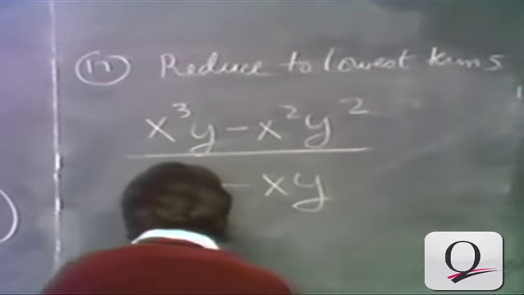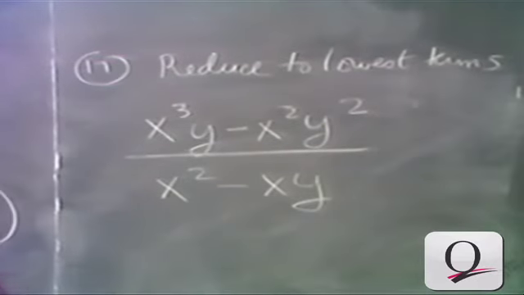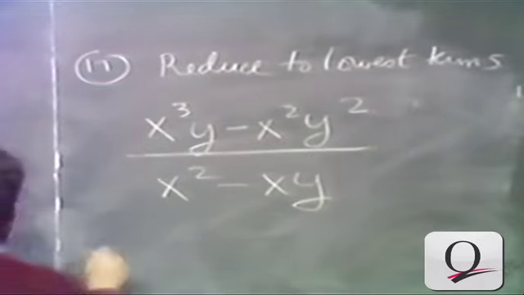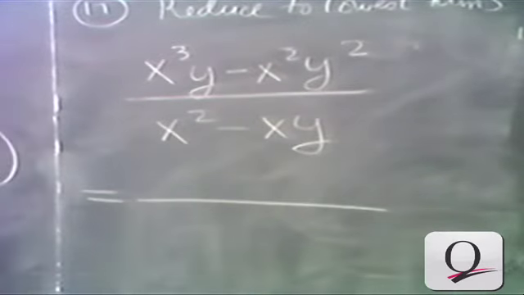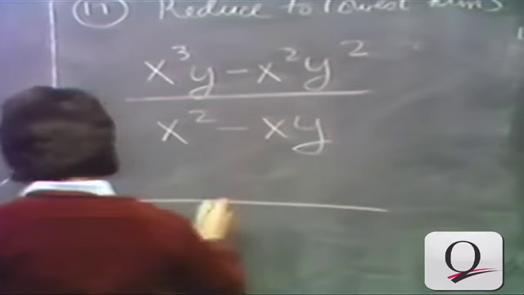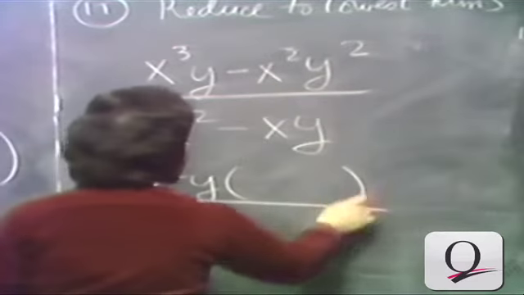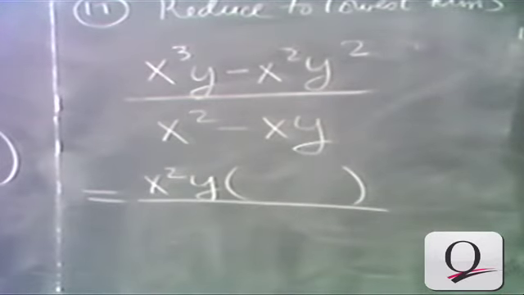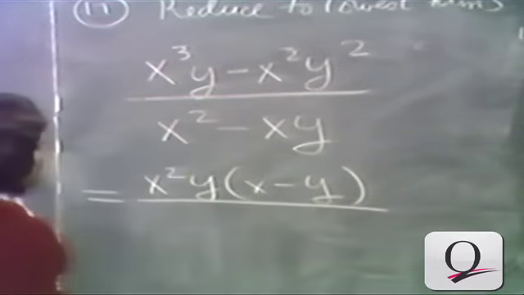So we would like to factor completely the top and the bottom, and then look to see if we can cancel any factors, and doing that, reduce this to the lowest terms. So let's work with the numerator and denominator separately. In the numerator, common factors: from the x cubed and the x squared, we can pull out an x squared. From the y and the y squared, we can pull out a y, leaving us with upstairs x minus y.